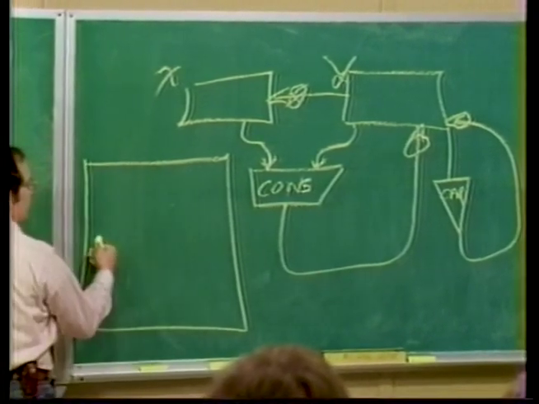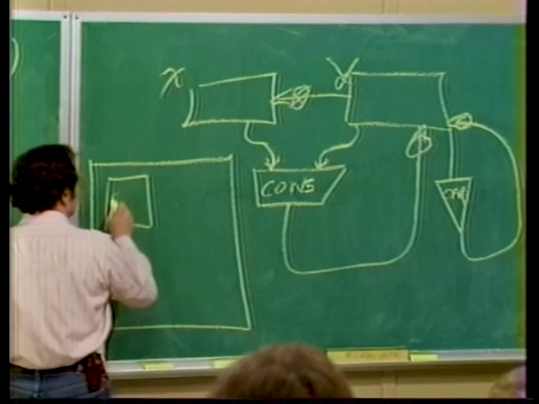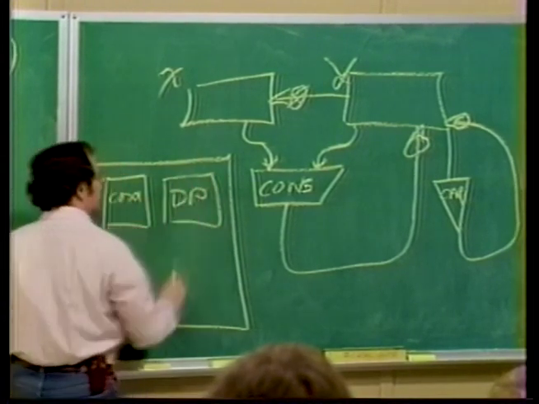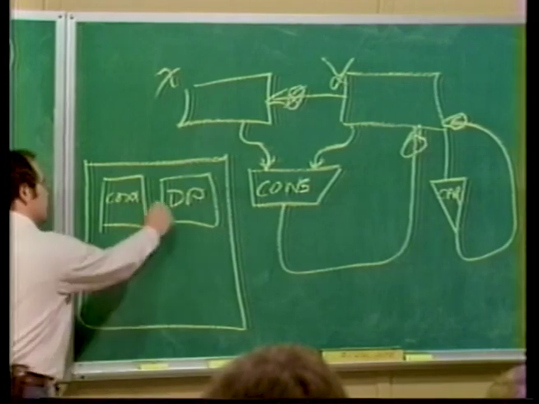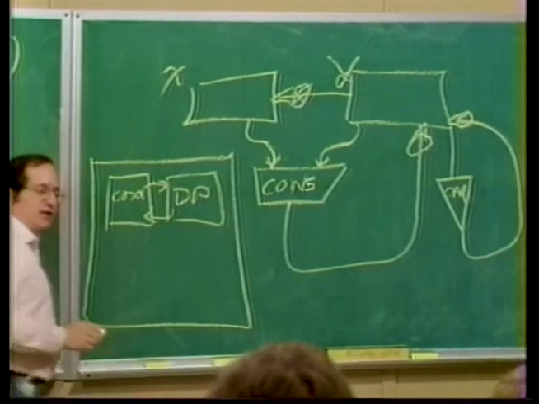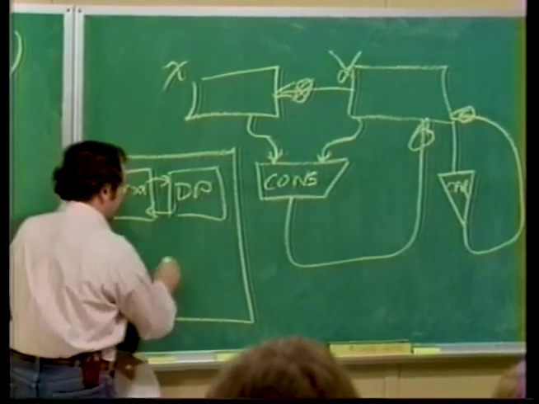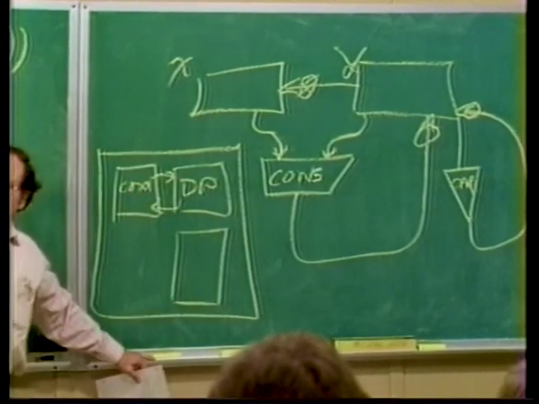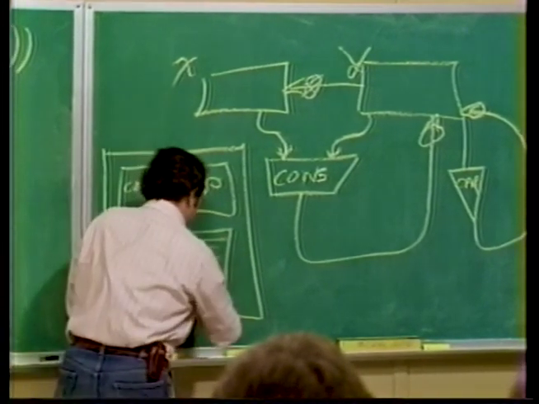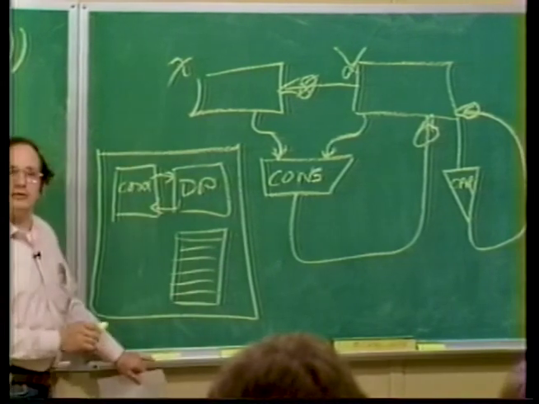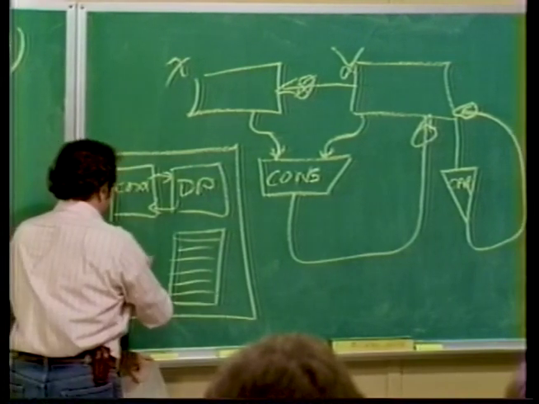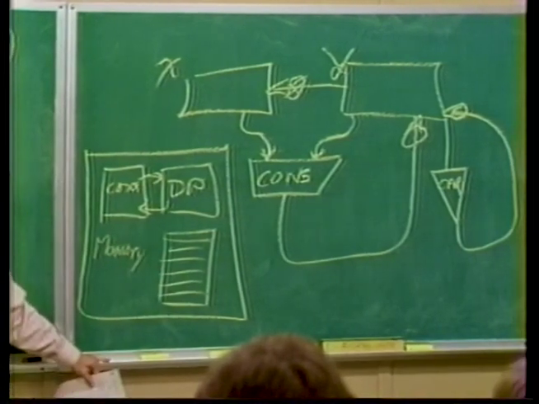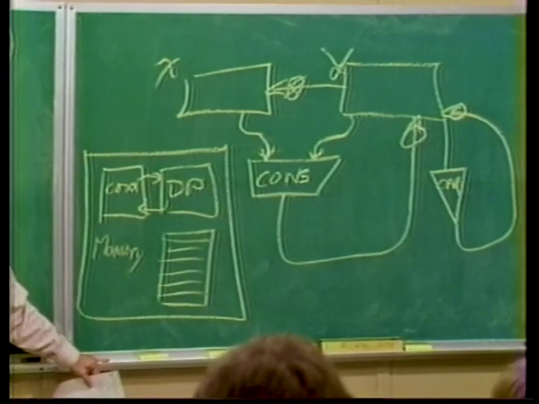Cons, car, and cdr are going to overlap, and what we're going to find is a little controller, a little data path, which may have some registers in it, some stuff like that, and maybe also an infinite part, a part that's semi-infinite or something, which is a lot of very uniform stuff, which we'll call memory. And I wouldn't be so horrified if that were the way it works. In fact, it does, and we'll talk about that later.